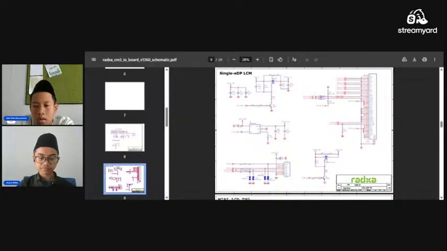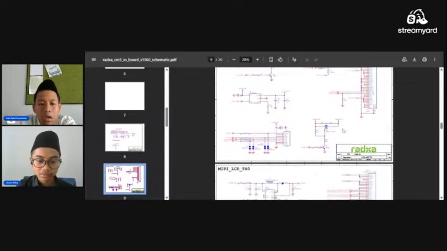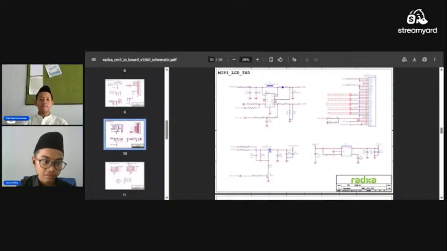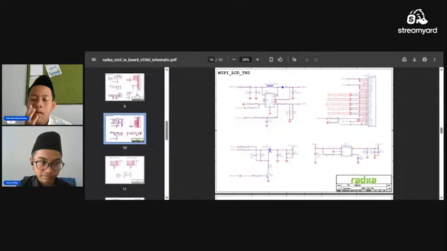eDP is, I forgot. Oh yeah, it's embedded DisplayPort. Sorry, I forgot. Actually, on Raspberry Pi, there's a slot for eDP, or maybe the one called LCD.